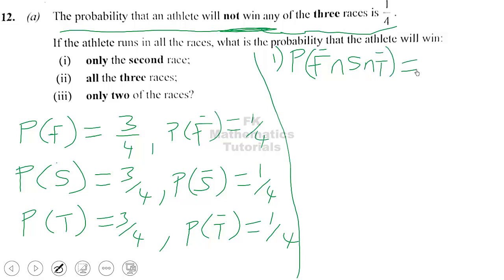So that will be equal to 1/4 times 3/4 times 1/4, and that will be equal to 3/64.